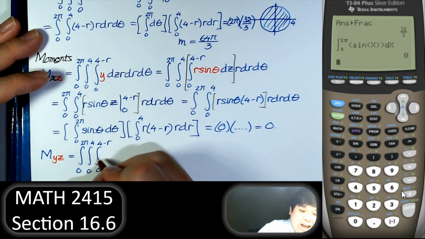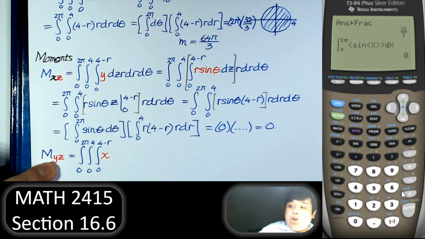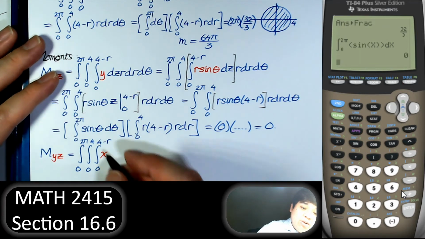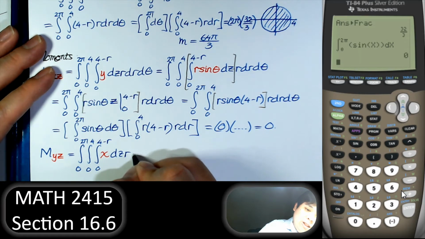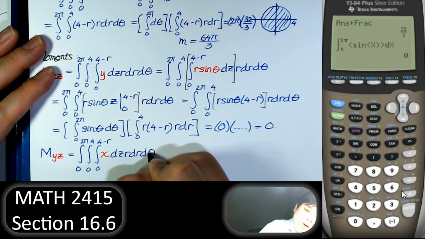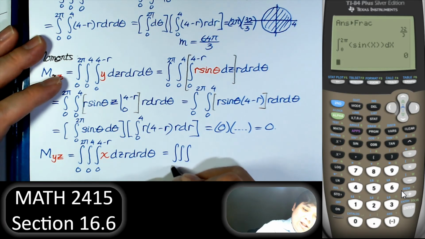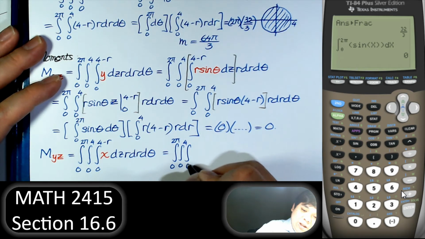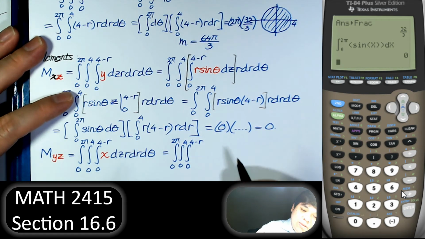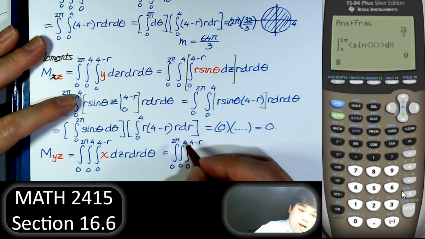Now we'll stick an x to it because the distance to the yz plane is the x values, and the x is r cosine theta.